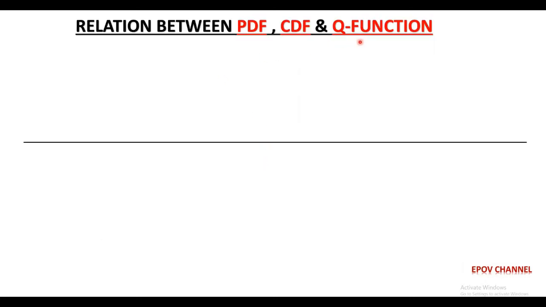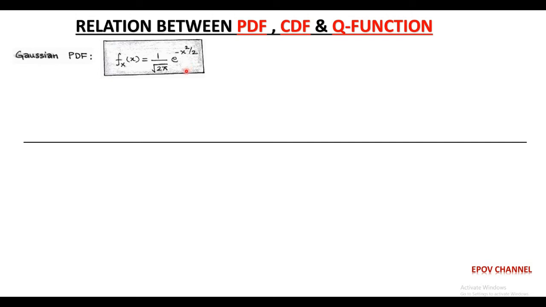After discussing the significance of the Q function for noise performance in digital communication, we set a relationship between PDF, CDF and Q function. Again, the Gaussian PDF with 0 mean and unit variance is given by the function small f equals 1 upon square root of 2 pi e to the power minus x square by 2.